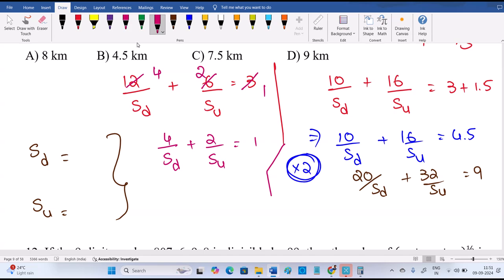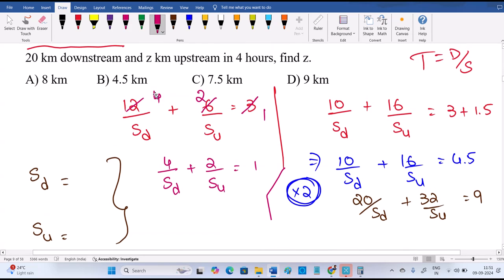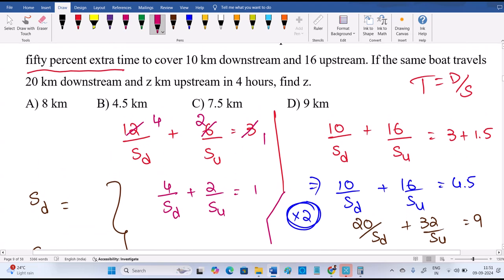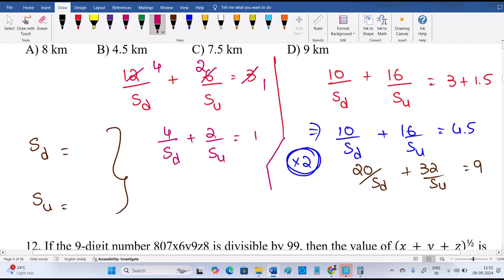Actually your job is to calculate 1 by SD, 1 by SU, the SD and SU speeds, because they have given finally the time taken for 20 kilometer downstream and Z kilometer upstream is 4 hours. What is the Z value?